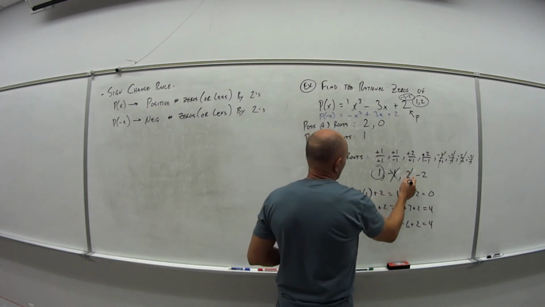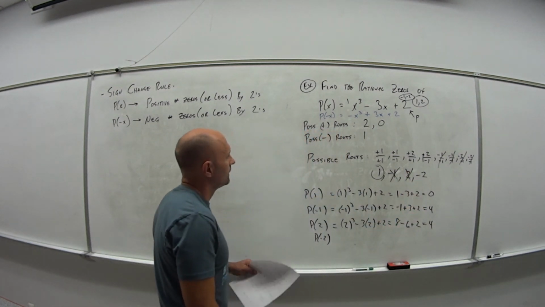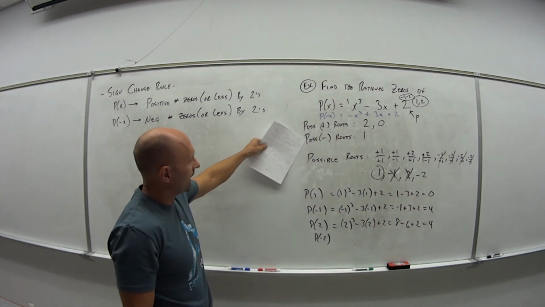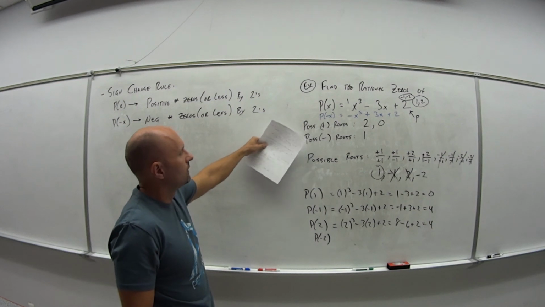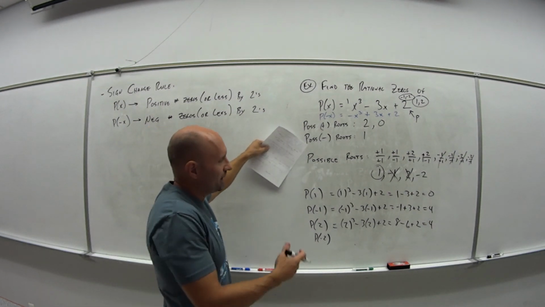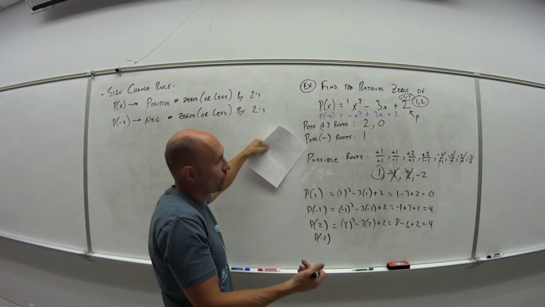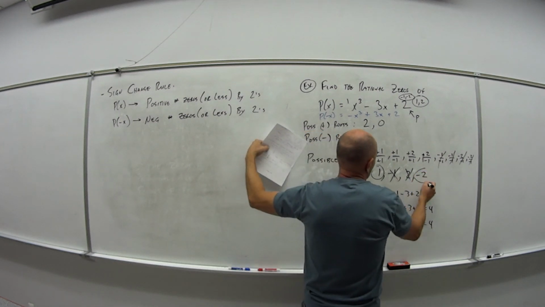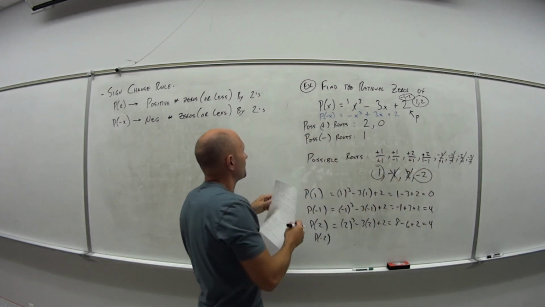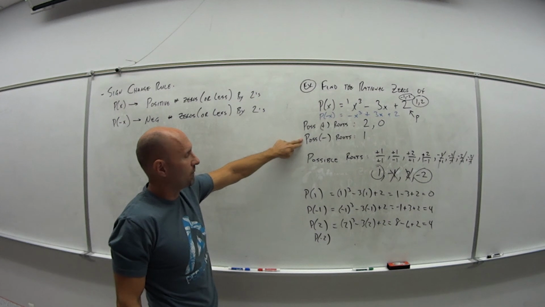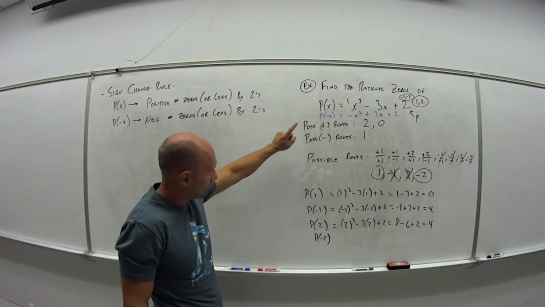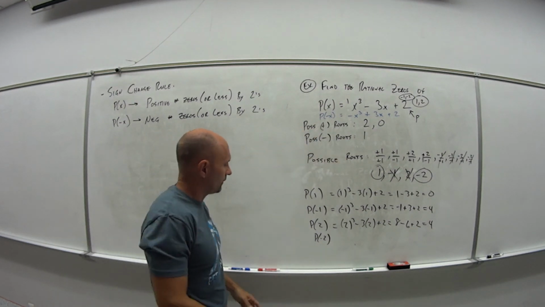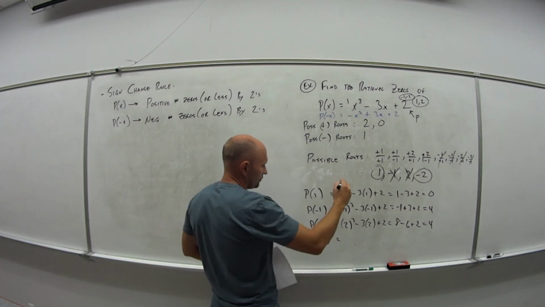So positive 2 is not a root. And I know I have only one possible positive root, which means at this point negative 2 is the only thing left, so I know negative 2 has to be a root here. Because by the change of sign rule, I have to have a possible negative root. That's all that's left, but let's double check.